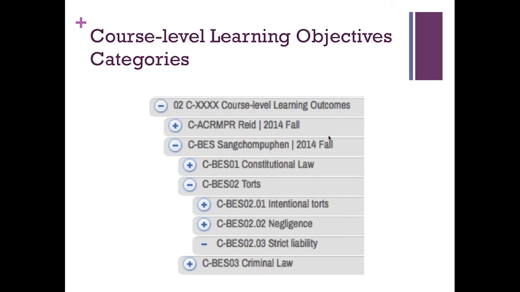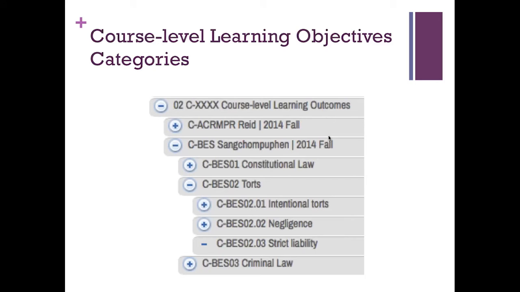So by using these course level learning objectives categories, I know where the students are missing the mark. And it's much more important for me to know that they may not be understanding the differences between actual causation and proximate causation than simply just missing negligence.